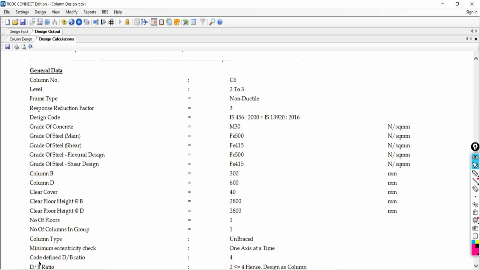Now the D by B ratio is less than 4, so it is considered a column. If it comes out to be more than 4, then it becomes a shear wall. So that is not the point of today's webinar.